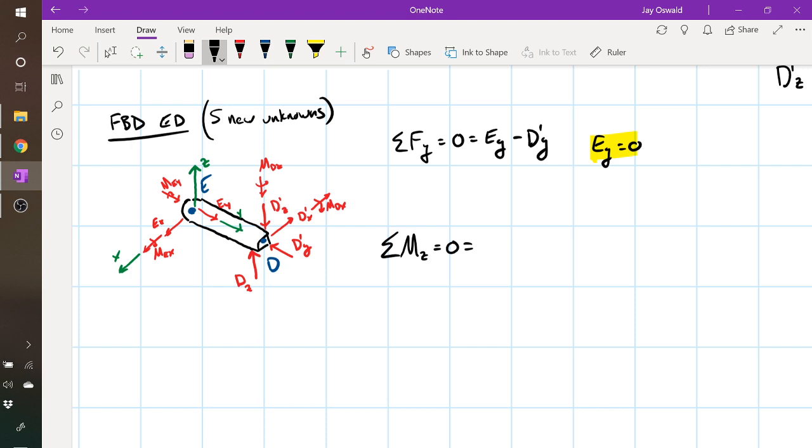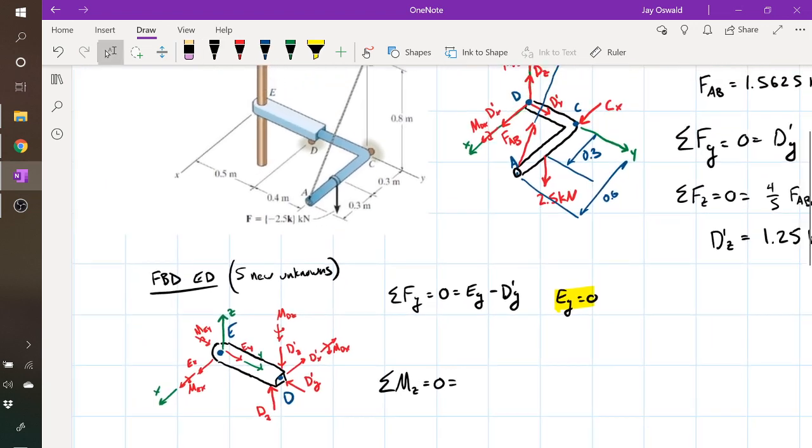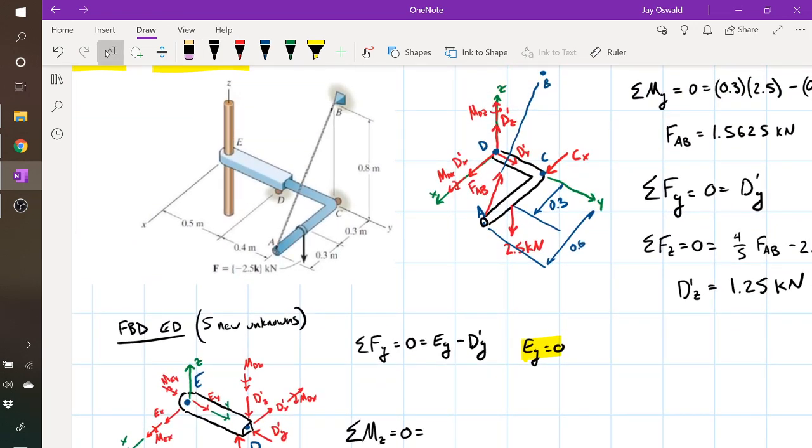So what do we get? Nothing happens at E that's important, right? So what are the D prime X? Oh wait, there's MDZ though. Maybe we could have gotten that. MDZ is coming from, right, because we still have MDZ.